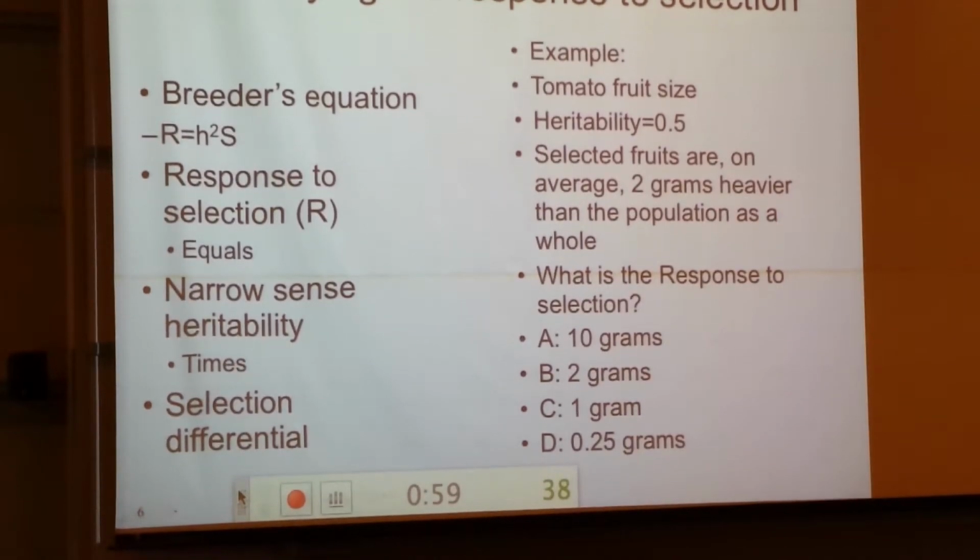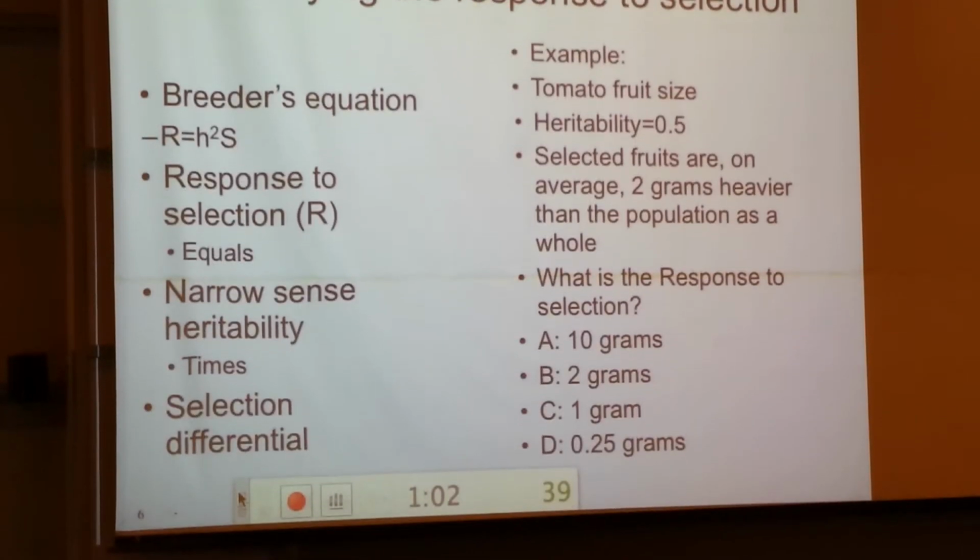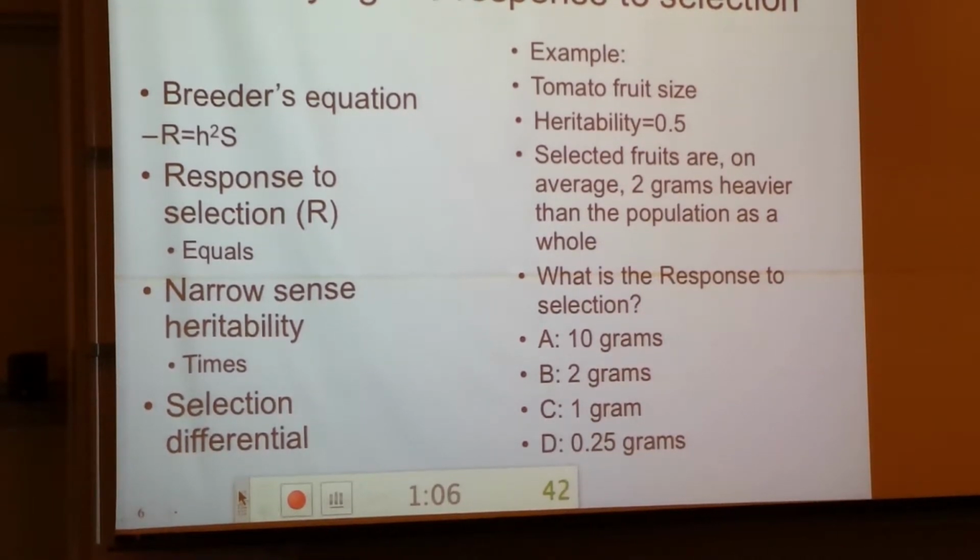What do you think? What's going to be our response to selection? The selected fruit is 2 grams heavier than the population average as a whole, what should be our value?